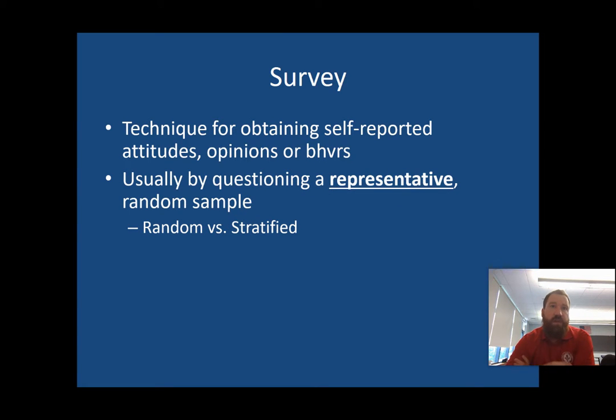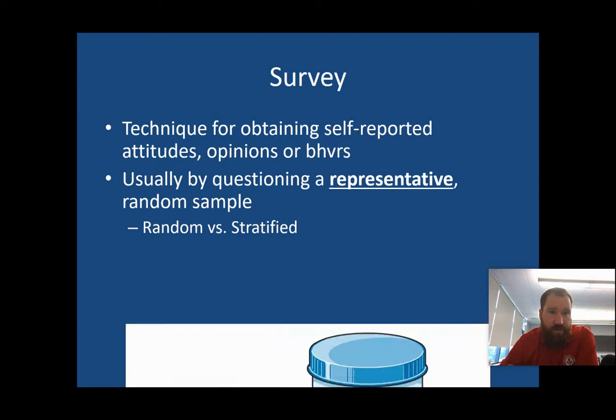Now, surveys, if we want to get an idea of what every single person thinks about something in, let's just say, the United States, yes, we could go out and survey every single individual and see what they think about a certain topic. But that's really expensive and really time consuming. Instead, there's a mathematical process, you don't need to know what it is, to determine whether or not something is a representative sample, right?